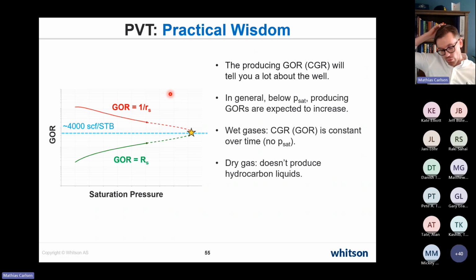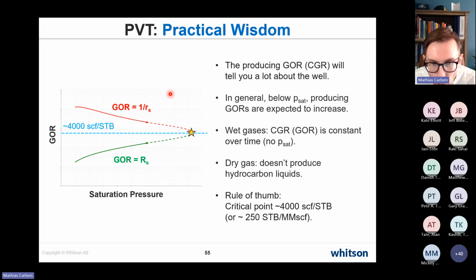So that's the basics. But then I would like you to remember this one. It's a very nice rule of thumb that I've seen to be good in any unconventional basin, maybe a few hundred scf per barrel off depending on the basin. But the critical point is typically around 4,000 scf per barrel, or 250 barrels per million.